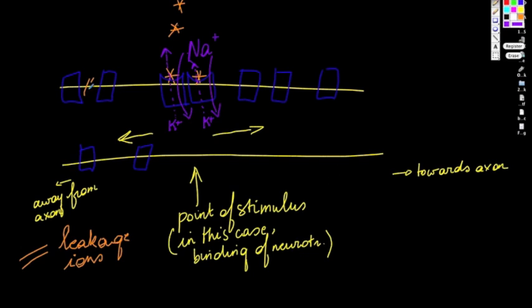And you need to assume that these ions are everywhere in between these chemically gated ion channels. And how is it that the ions travel through these leakage channels? Well, they're called leakage for a reason.